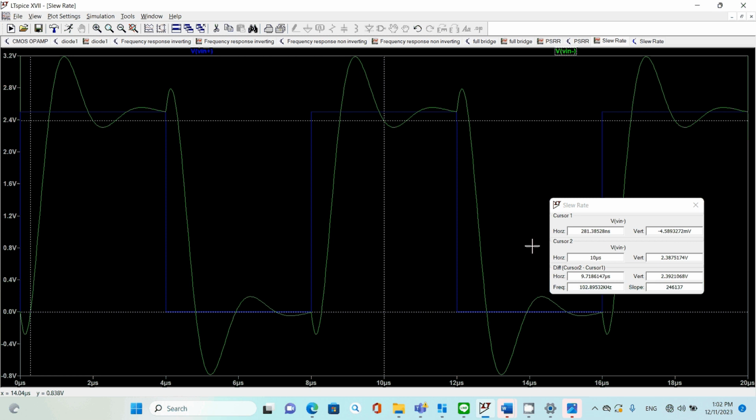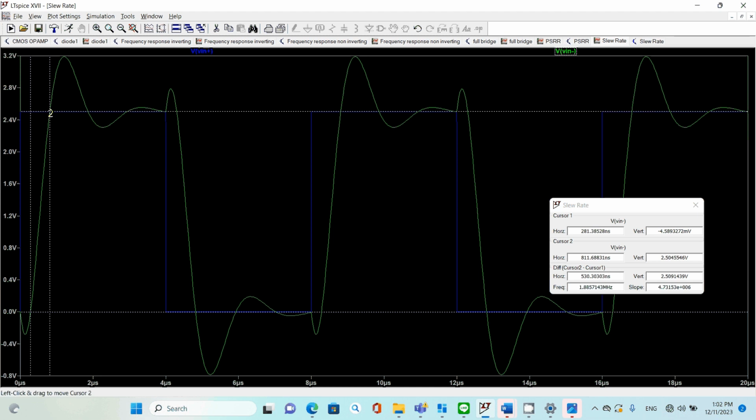Okay, and you can move cursor 2 until it hits 2.5 volts. This is 2.5 volts, and the difference of coordinate X, Y becomes horizontal, or delta T. This is 530.30 nanoseconds, and the vertical you have the voltage difference, right?